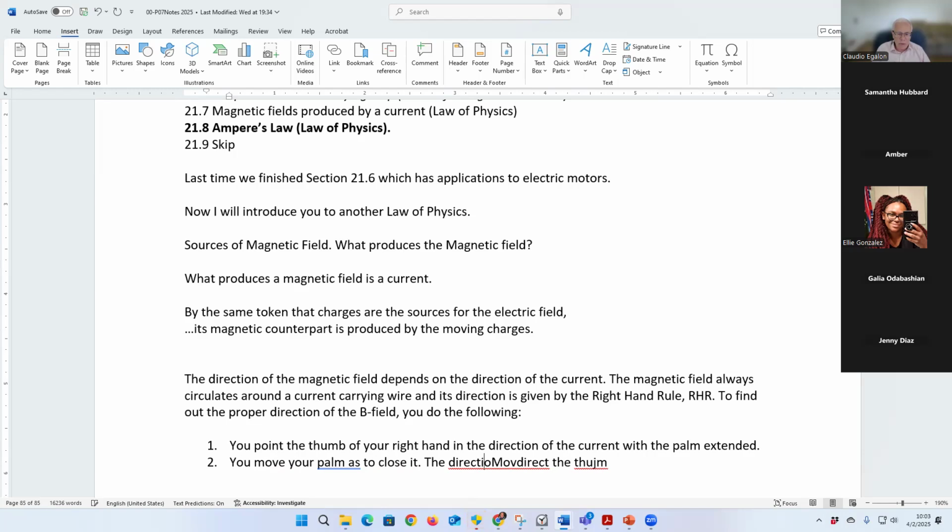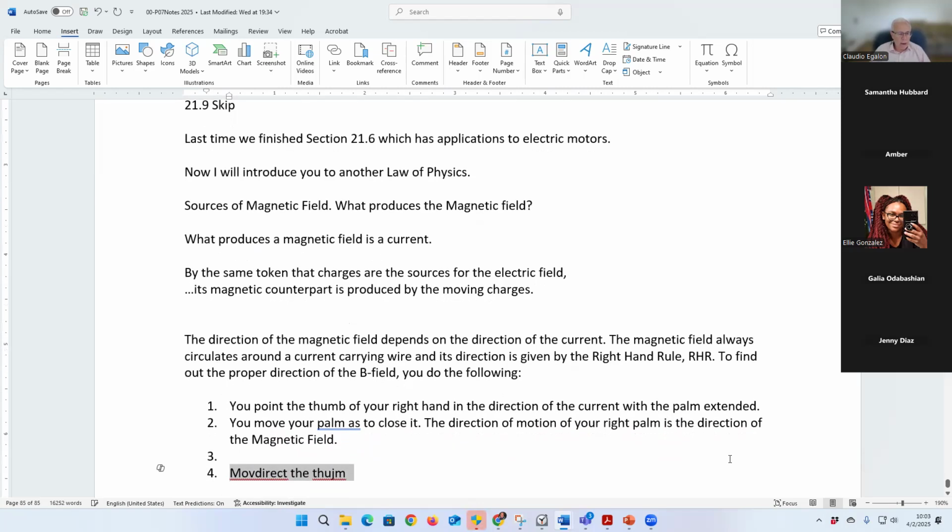The direction of motion of your right palm is the direction of the magnetic field. Okay, that's how you find out the proper direction of the magnetic field.